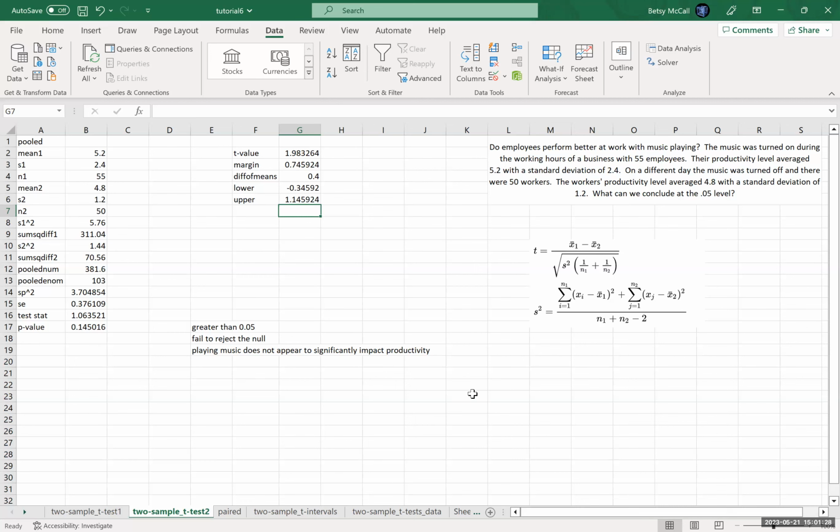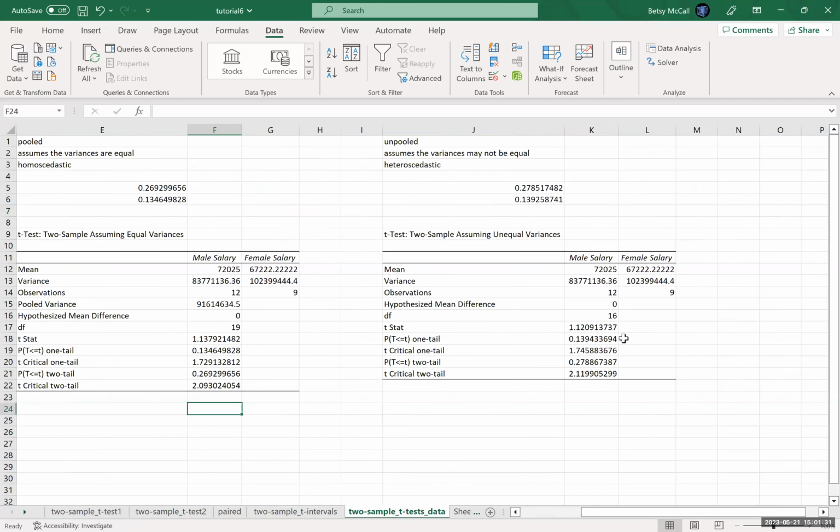Same thing for the unpooled case. They've given you some of the information. They've given you your variance S1 squared, your variance S2 squared, your sample sizes, and the degrees of freedom. You don't have to calculate the degrees of freedom because that's given to you if you use the data analysis toolpack, but you will still have to piece together using your formulas.